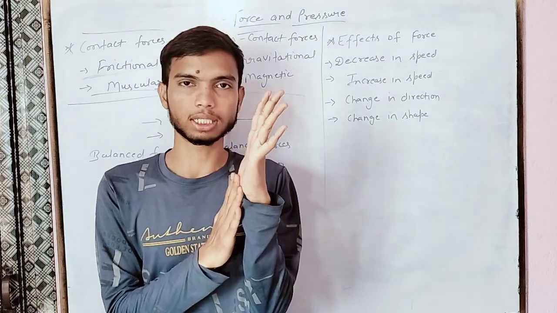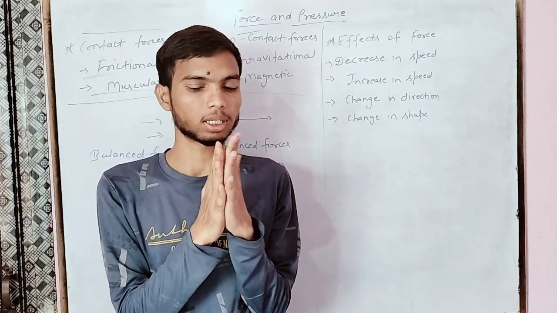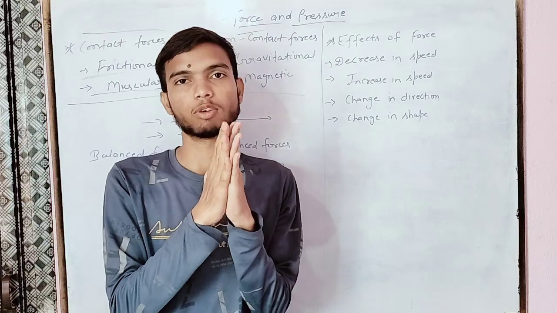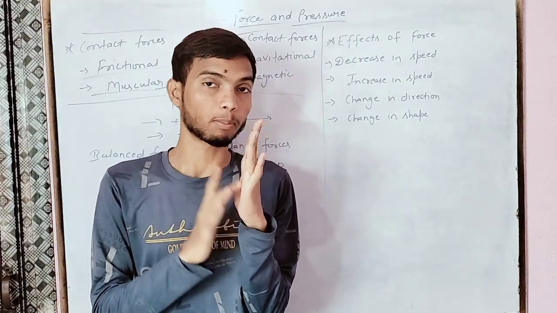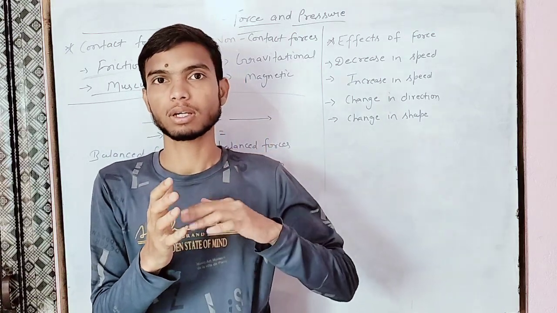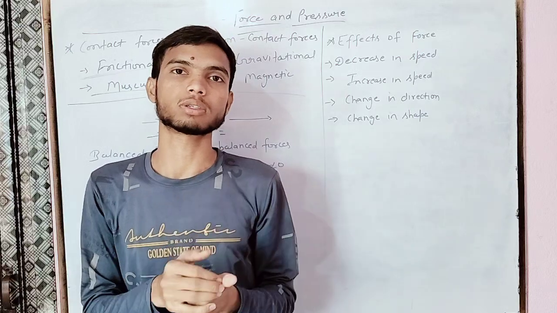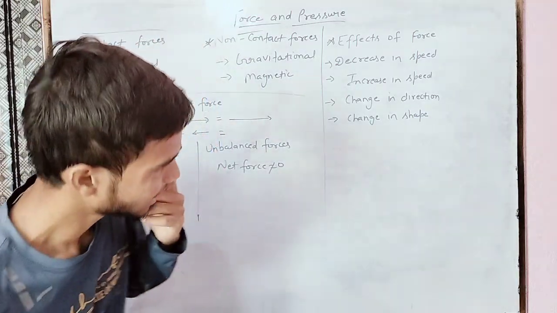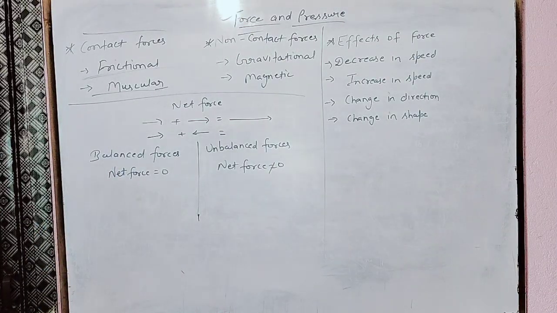It can move in this direction, it can move in this direction. We don't care, but it should be moved. One object should move in any direction, rubbing its surface against the surface of the other object. Okay, so that is how friction comes into the picture.